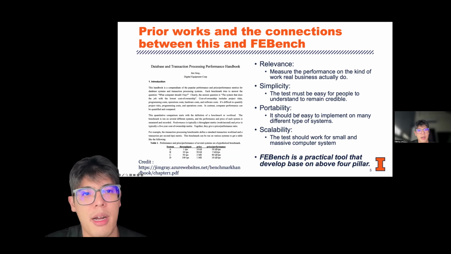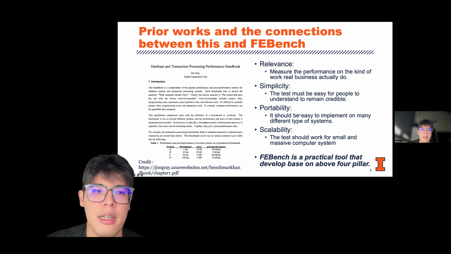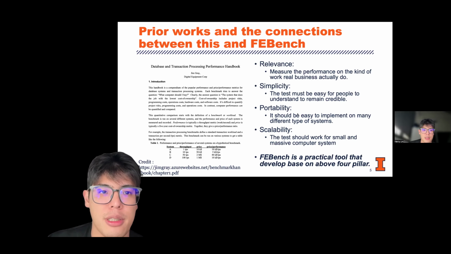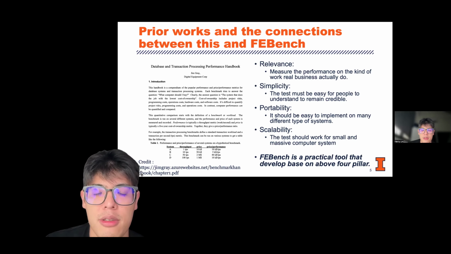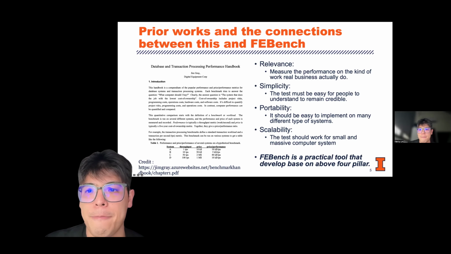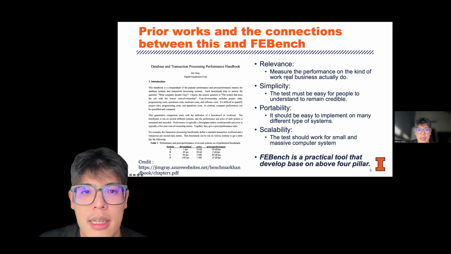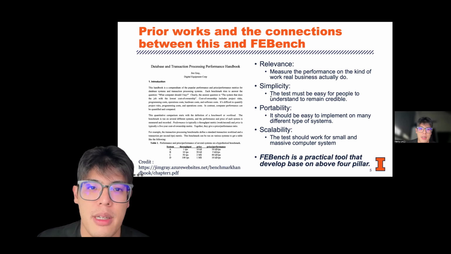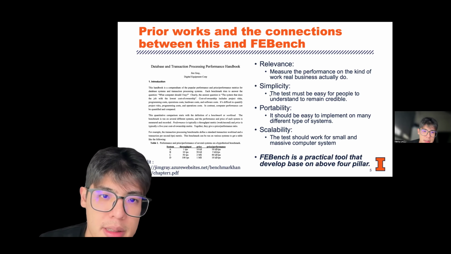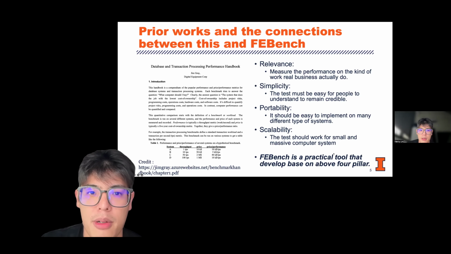So here are the prior works and the connection between these and FE bench. This research is based on the paper called Database and Transaction Processing Performance Handbook by Jim Gray. It has four pillars: relevance, simplicity, portability, and scalability.